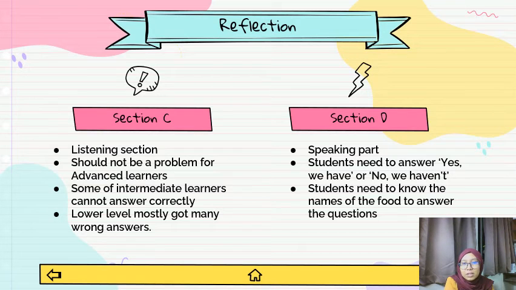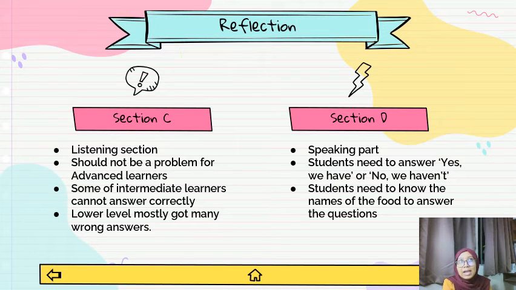Okay, last but not least is section D, which is a speaking part. I've stated before that the students need to answer yes, we have, or no, we haven't. Actually, this one is also a simple speaking test. It is just for the students to identify whether the food is there or not. They also need to know the names of the food to answer the questions.